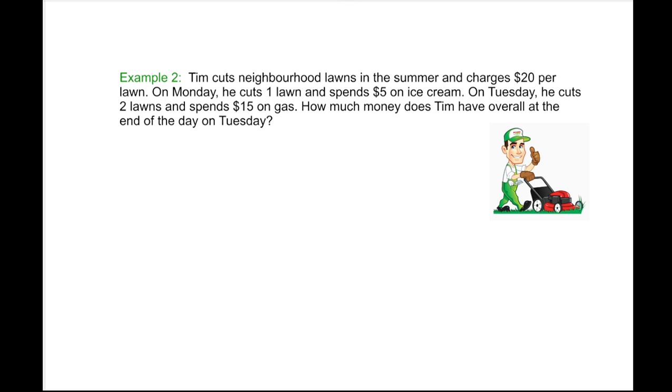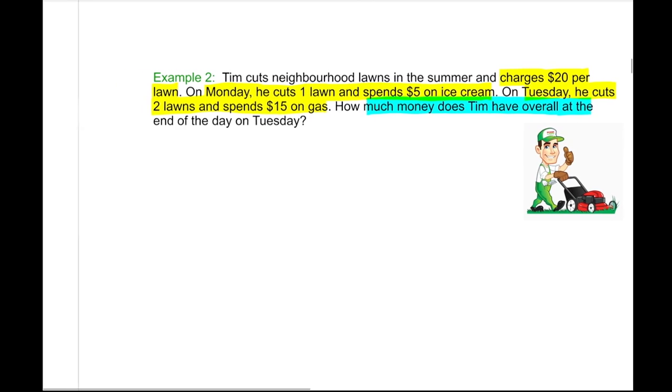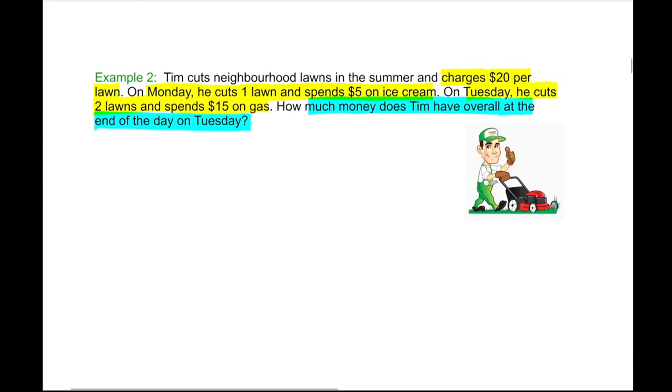Again, with a word problem, we want to highlight some important things. $20 per lawn is an important thing. On Monday, he cuts 1 lawn and spends $5 on ice cream. And on Tuesday, he cuts 2 lawns and spends $15 on gas. And what we're trying to figure out is how much money he has overall at the end of the day on Tuesday.